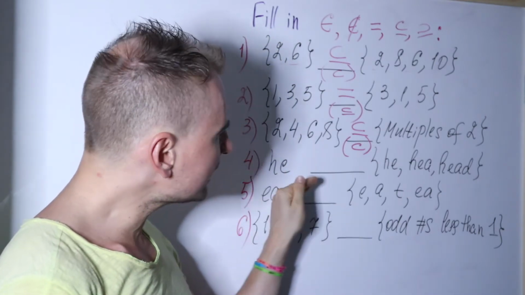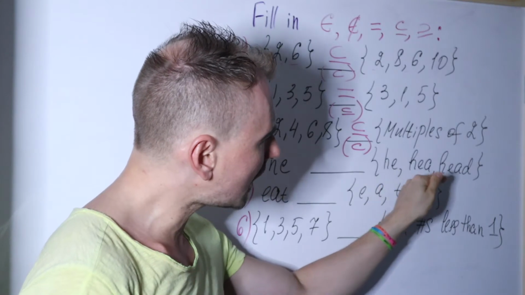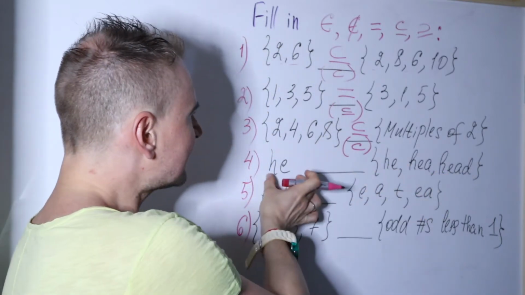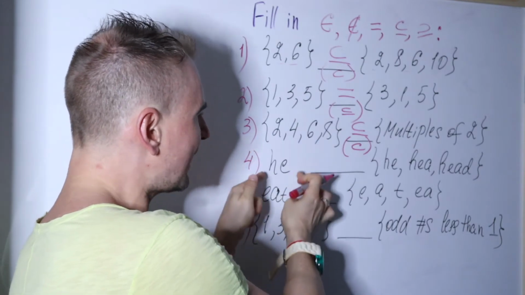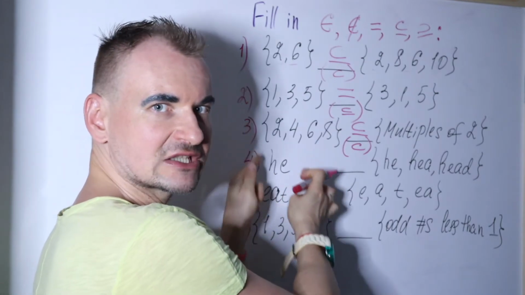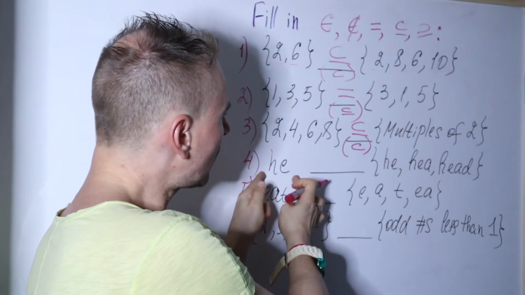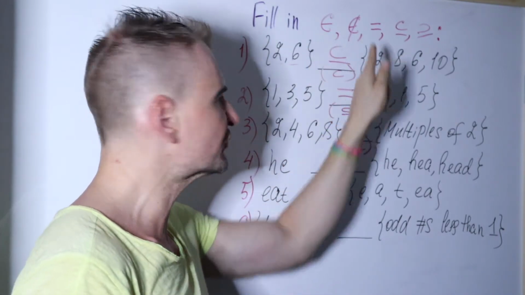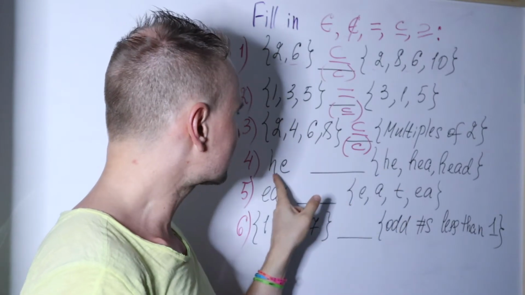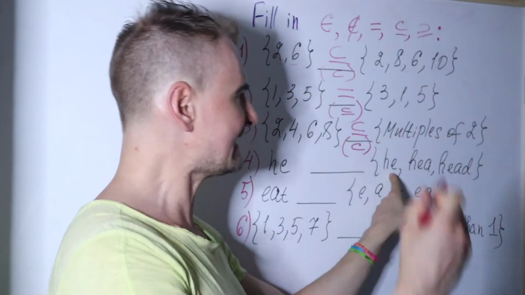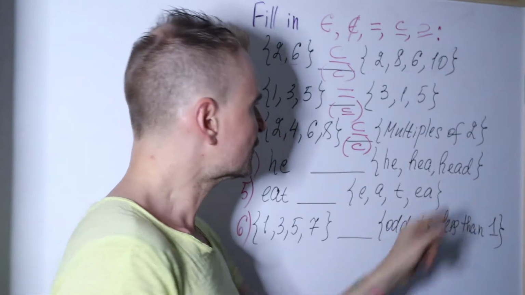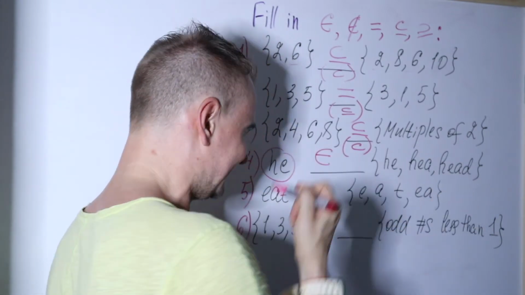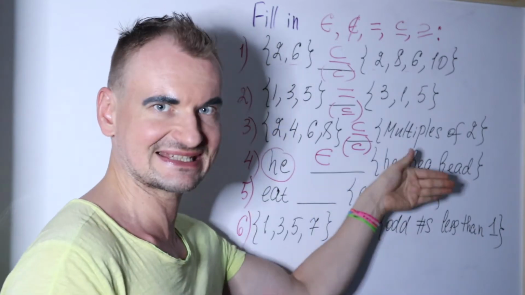Now, here. Okay. Since there are no curly brackets, no braces, it's going to be either element or not element. Since this is in that set, this element does belong to that set.